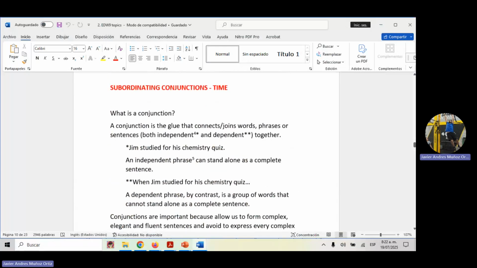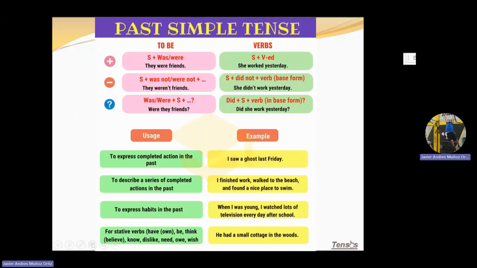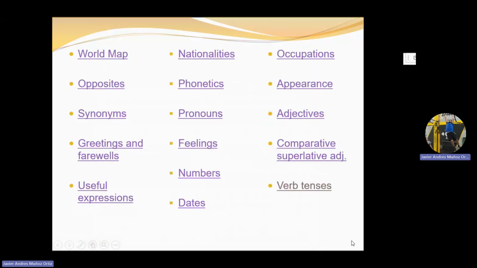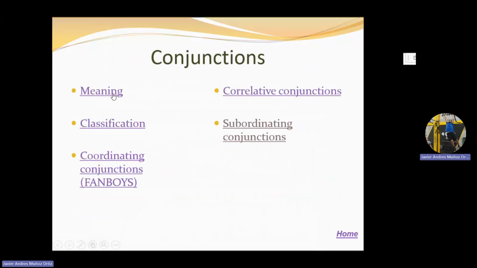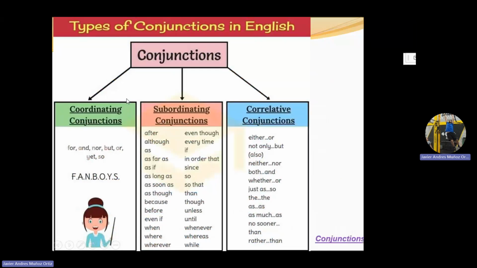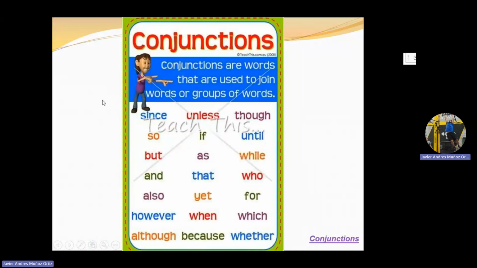The second topic we can take into account for today's lesson is subordinating conjunctions. And what is that? And why do we use them? Well, to talk about conjunctions, we need to remember that a conjunction is a word that joins other words or other groups of words.